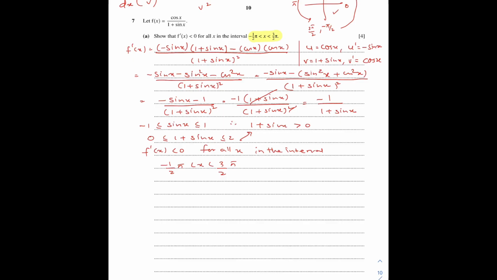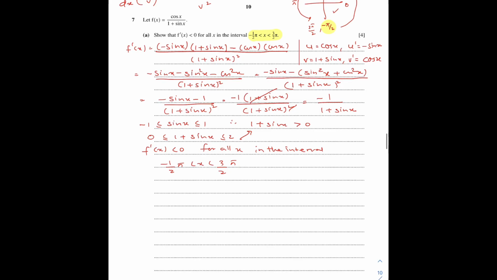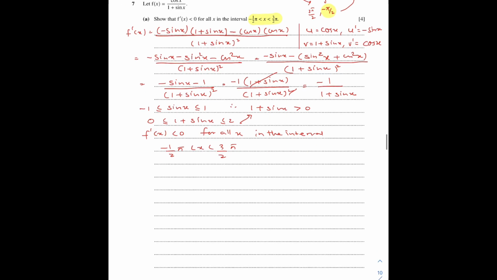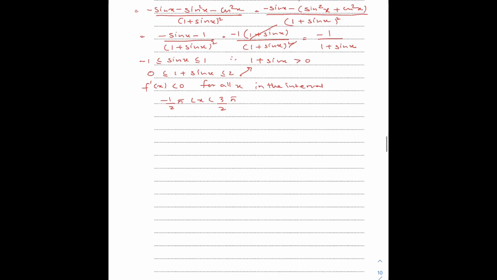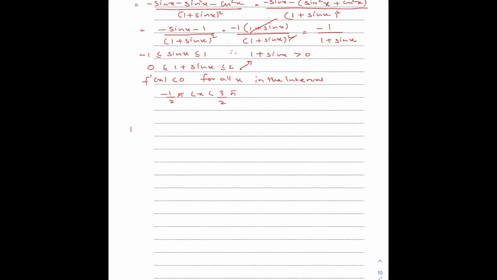So if I say it is less than or equal to 0, sin x is negative 1 when it is 3 pi over 2 or negative half pi. So sin is negative 1 there, which is not included in our range. That's why we cannot write less than or equal to, we just have to write less than.